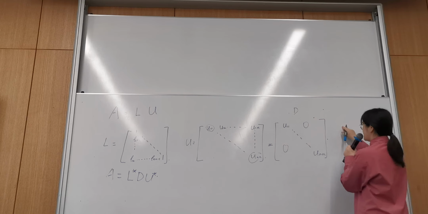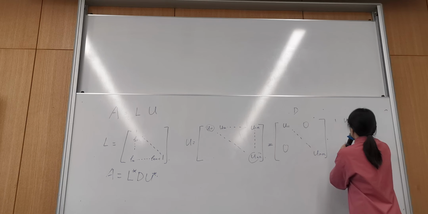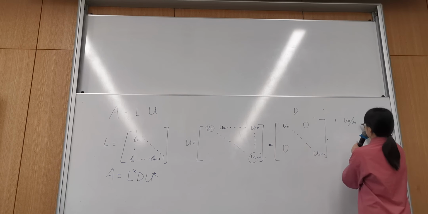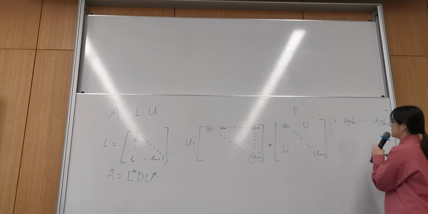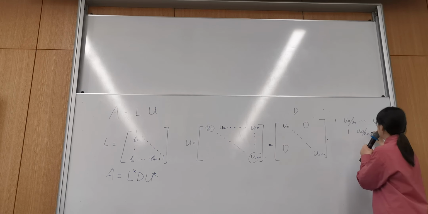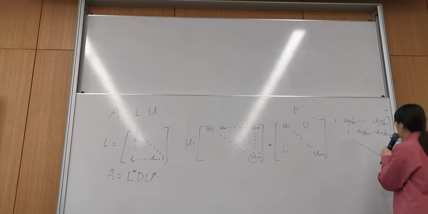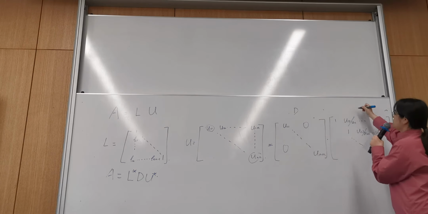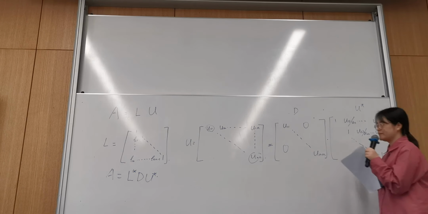So for example, the first row will be 1 on the first entry, and then U12 over U11 until U1n over U11. And we repeat the same thing on the second row, U23 over U22 until U2n over U22. And again and again, we repeat the process. And this will be our new U star, which is the unit upper triangular matrix.